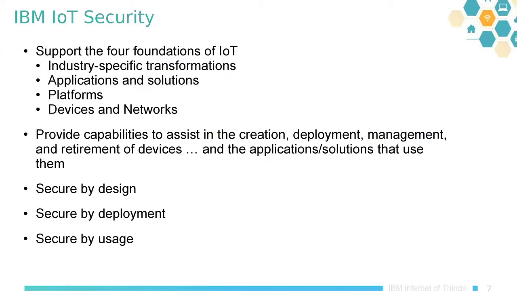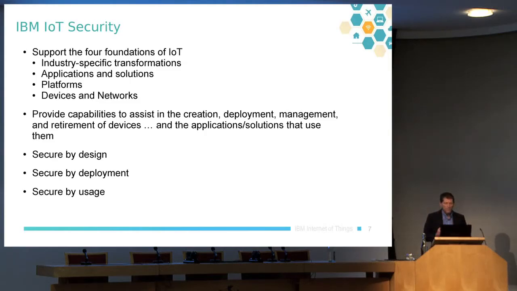So when we at IBM think about IoT security, we first think about the IoT environment as a combination of devices and networks, platforms which connect those devices to either applications or to other devices, applications and solutions built on top of those platforms or in those platforms, and then industry-specific transformations which collect applications together and provide overarching solutions in various industry spaces.